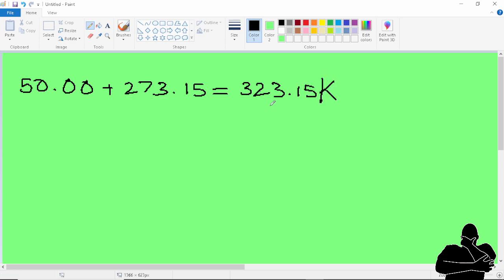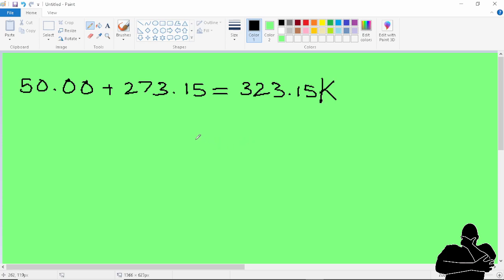Now with this answer, do we have the right amount of significant figures? Well, when it comes to adding numbers, how do you determine how many significant figures the sum should have? The amount of decimal places in the sum should match the amount of decimal places in the data point that has the least number of decimal places.